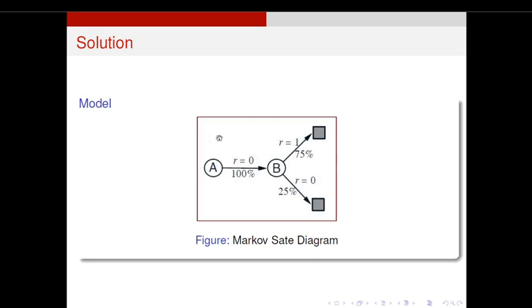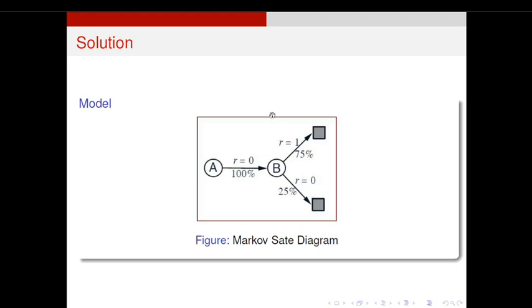Then A to B, the only reward is 0, so it is 100%. Then B to the end terminal with the reward 1, 3 by 4, that is 75%. Then B to the end terminal with probability 25%. Probability 0.25, or in terms of percentage 25%, with reward 0. So this is called the Markov state diagram.